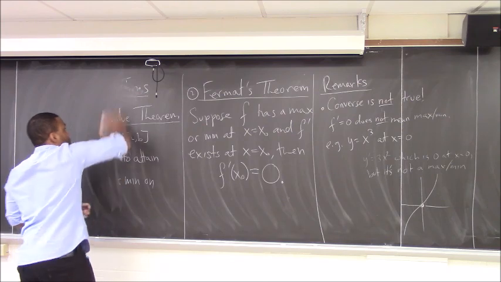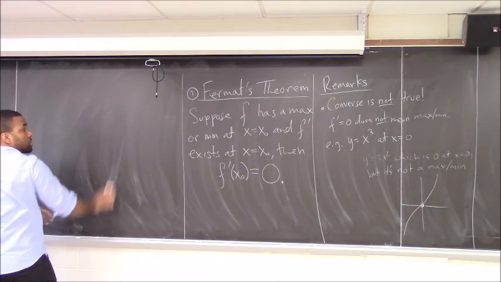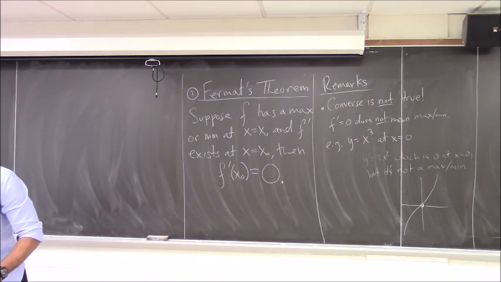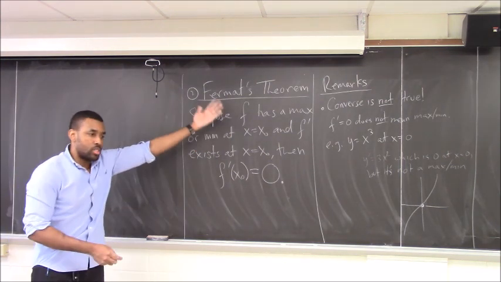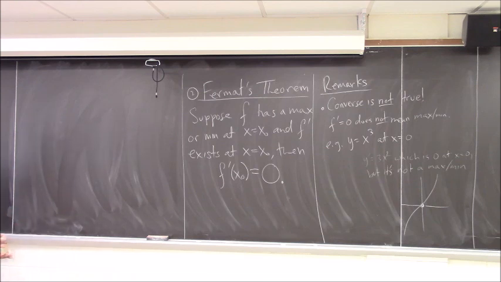Okay, here's another important remark. It says, if the derivative exists, we kind of know that this has to happen at maximums and minimums, but just because the derivative does not exist actually doesn't mean anything specific, right?